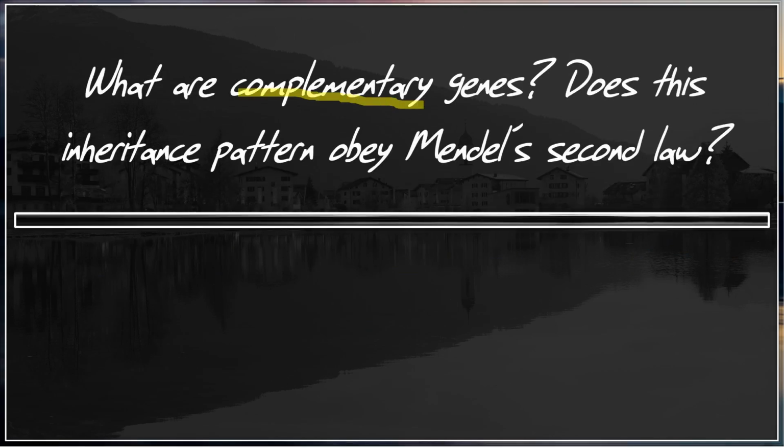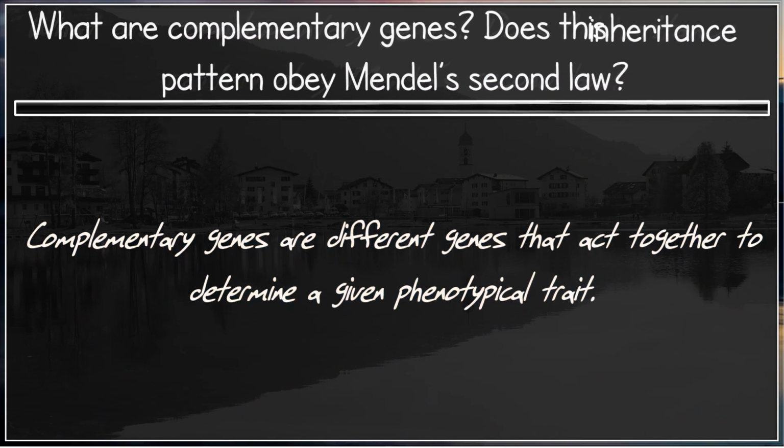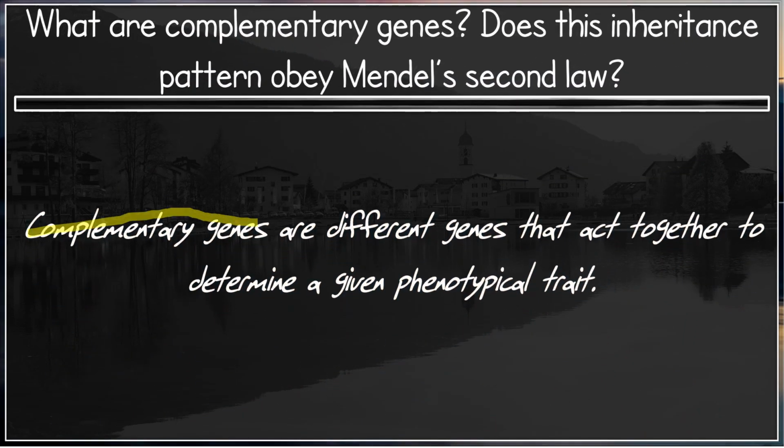What are complementary genes? Does this inheritance pattern obey Mendel's second law? Complementary genes are different genes that act together to determine a given phenotypic trait.